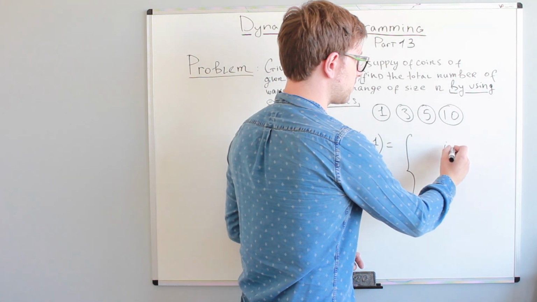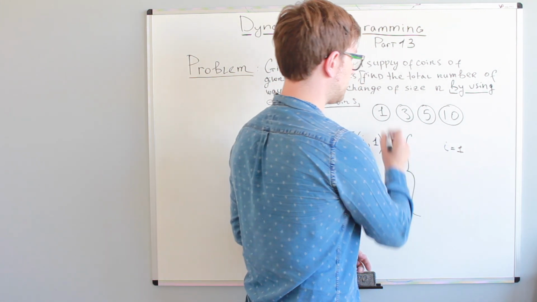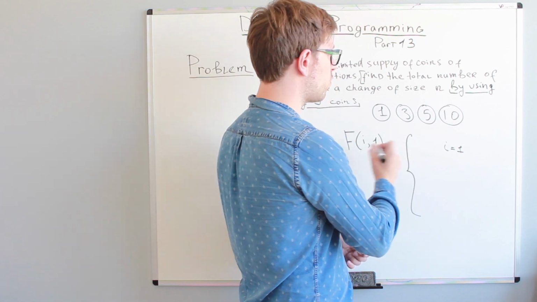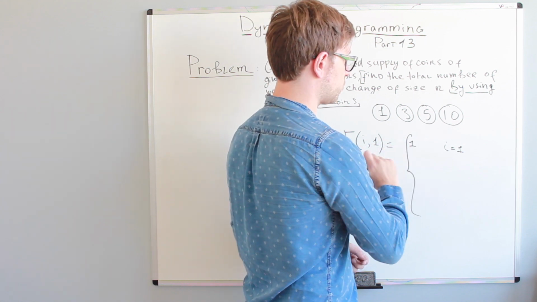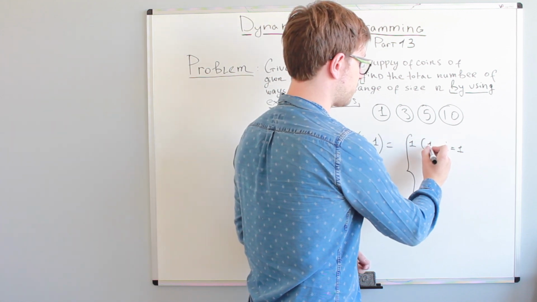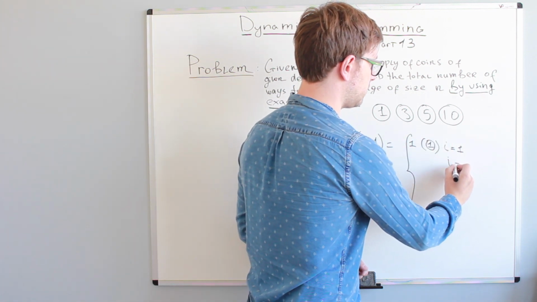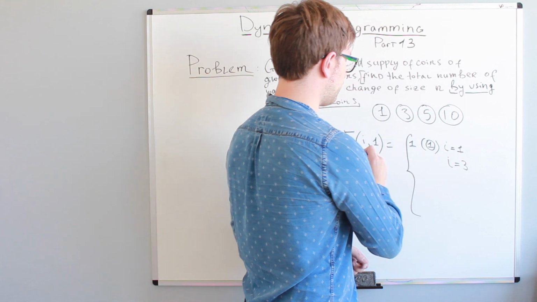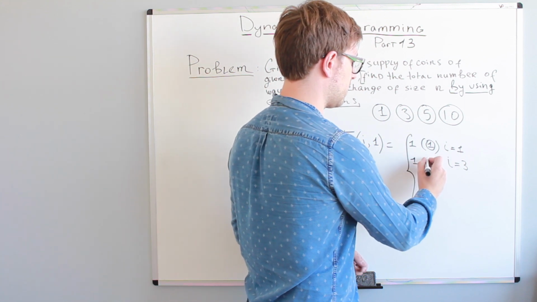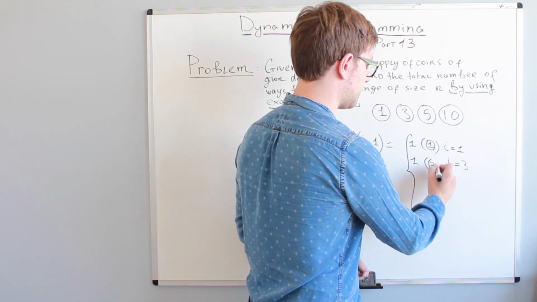When I equals 1, it's this coin, there is only one way to make a change, just one. It's returning 1 cent. When I equals 3, there is also one way. We return 3 cents.